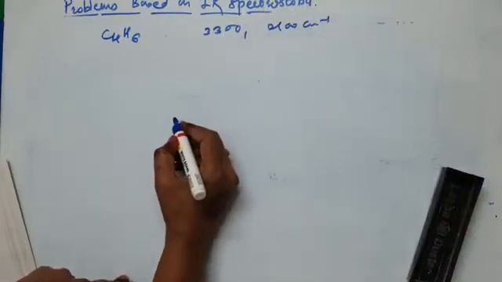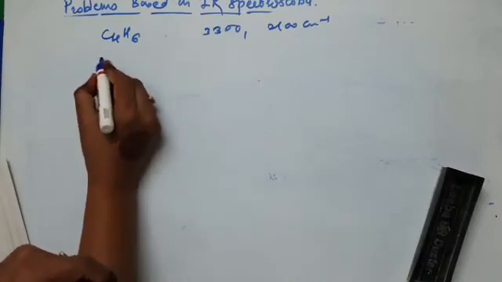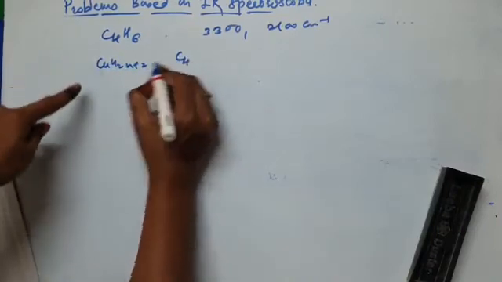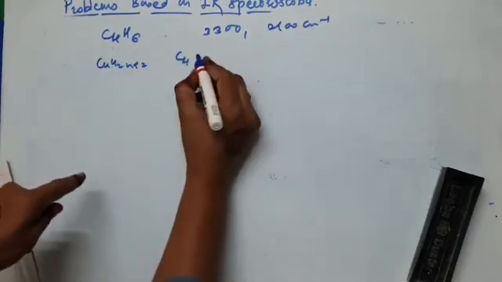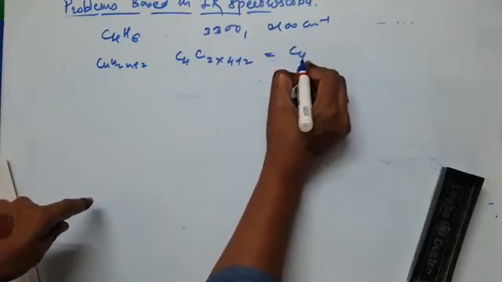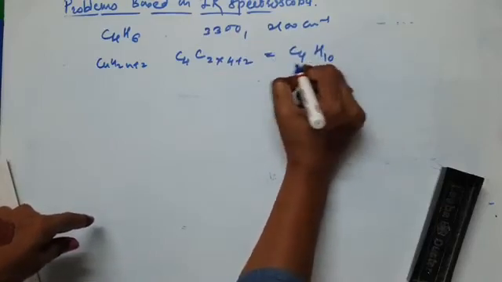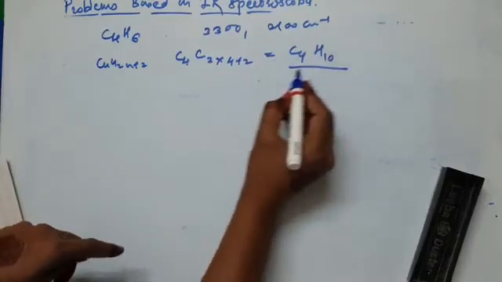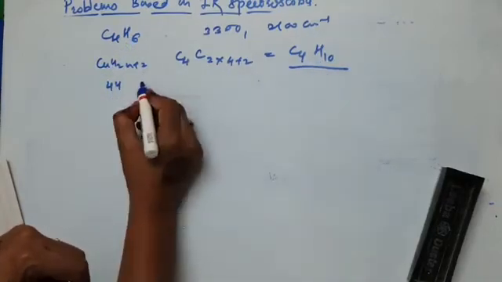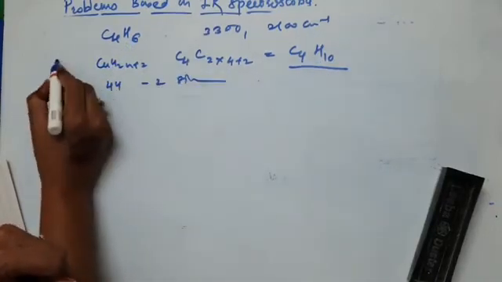Now for the site of unsaturation, for a saturated hydrocarbon the molecular formula for 4 carbons, replace n by 4, so C(n)H(2n+2) gives C4H10. So this is the formula for a saturated hydrocarbon. So it contains 4 hydrogen atoms less than this, which indicates 2 sites of unsaturation.